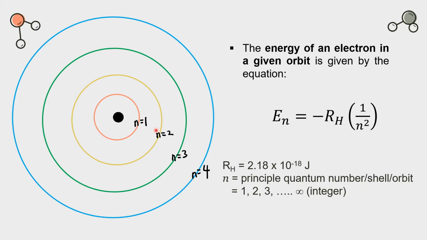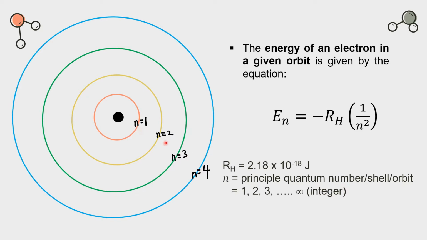Please bear in mind that the value used to label these orbits can only be in integer form. It cannot be a fraction and it cannot have decimal points.